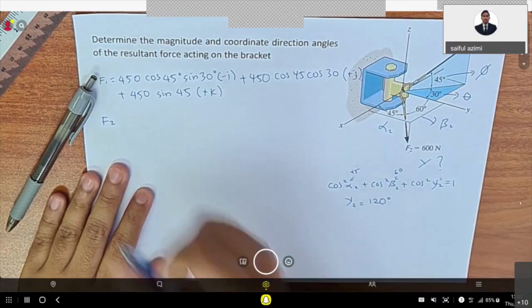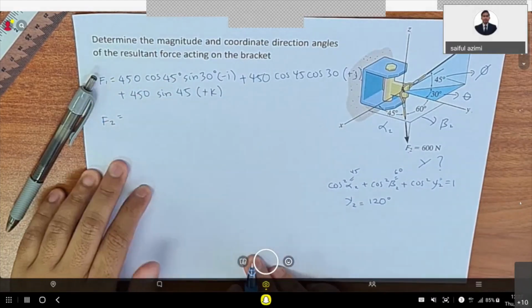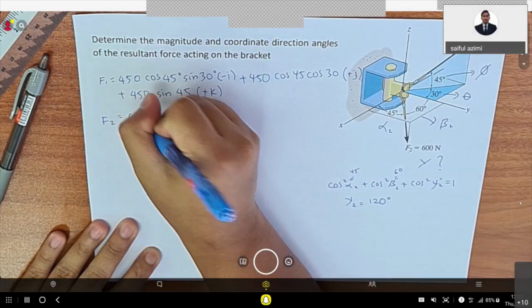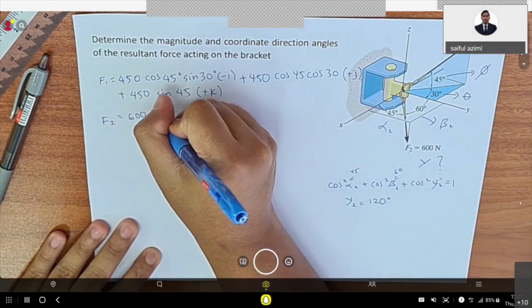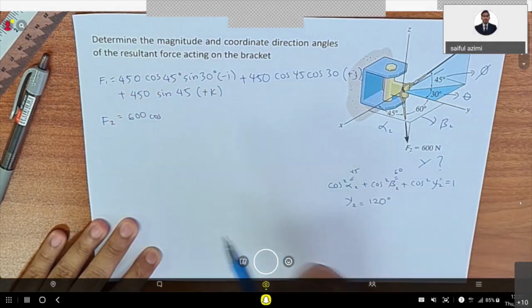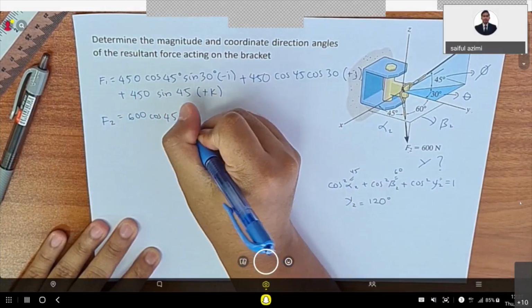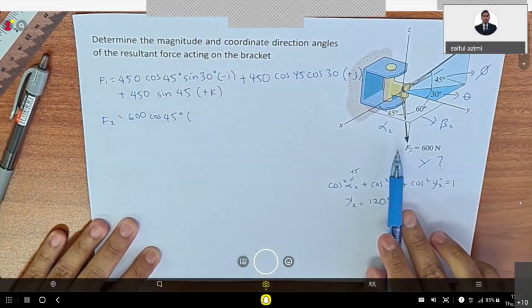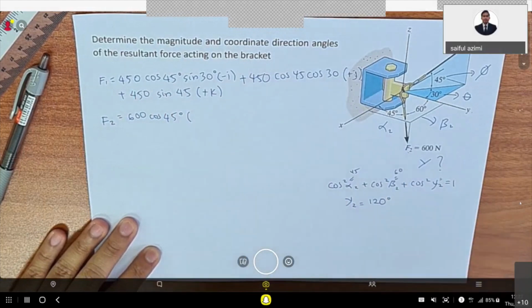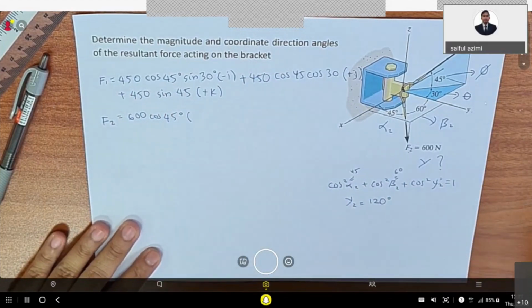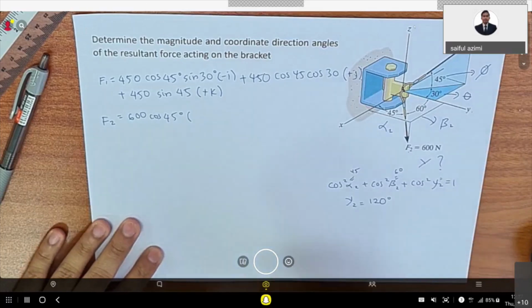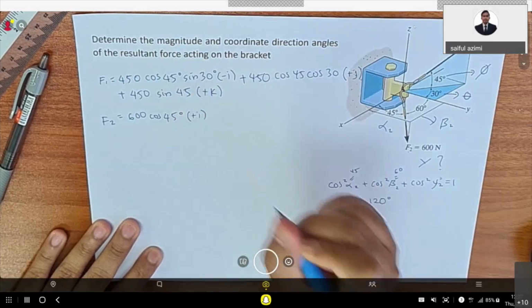So you can express F2 as 600 cos, the alpha is 45 degree. What is the direction for i, positive or negative? Positive. Okay.